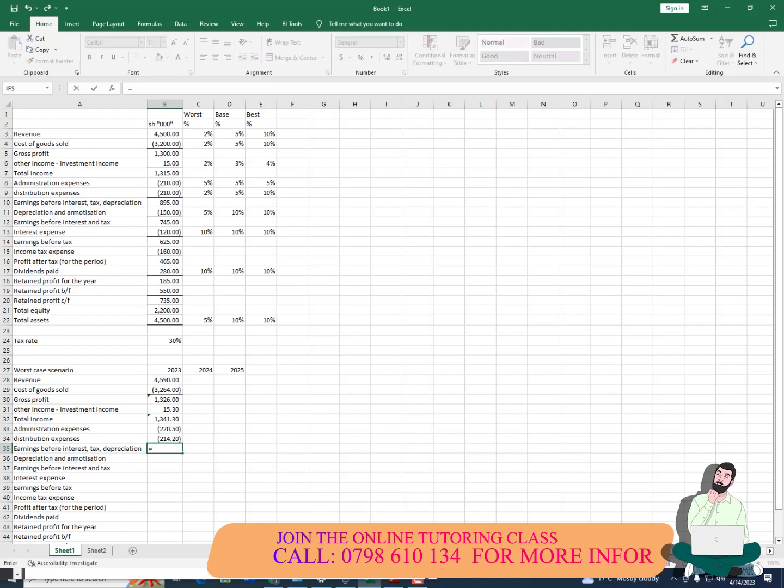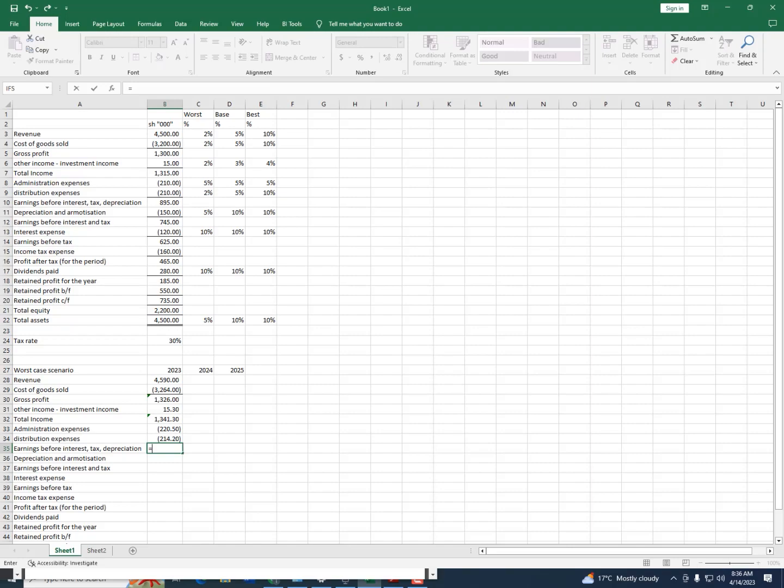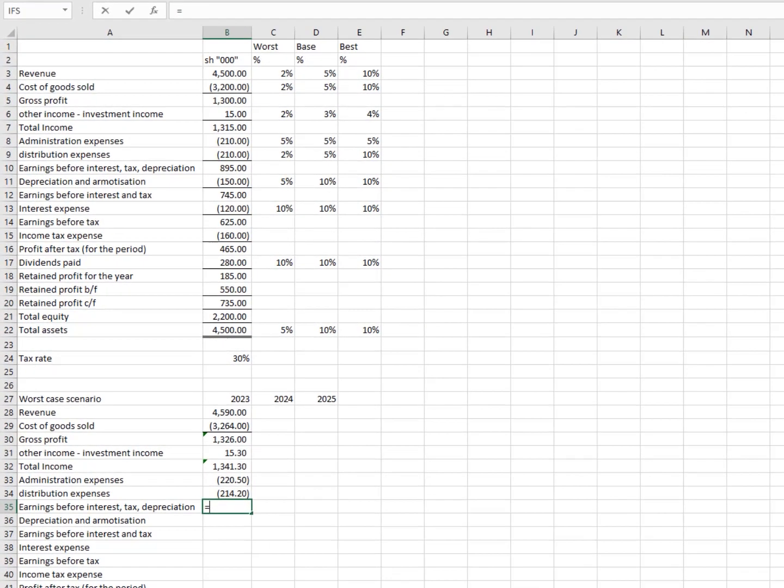So here we type in the equal sign, and then we click on B32, then we can type in plus the administration expenses plus the distribution expenses, and we get that. So we get that the earnings before interest and tax and depreciation is 906.6.